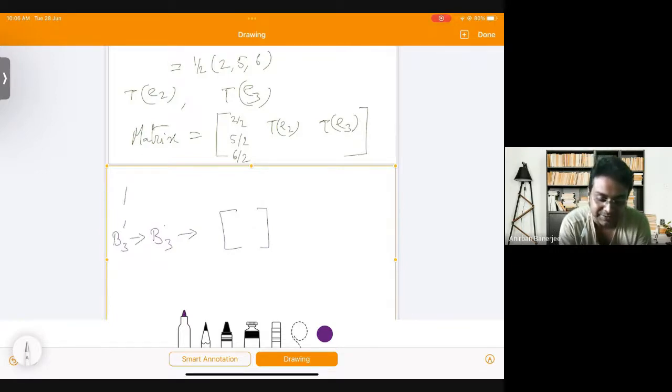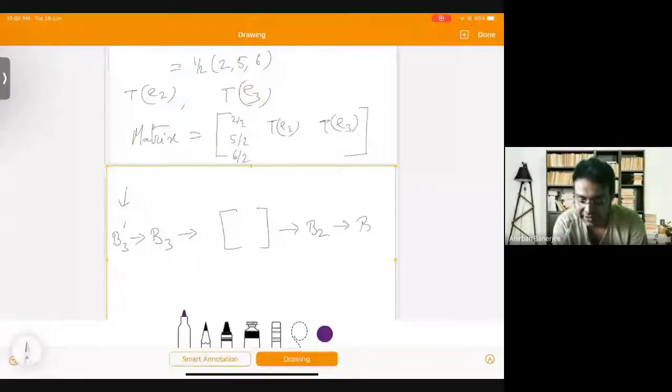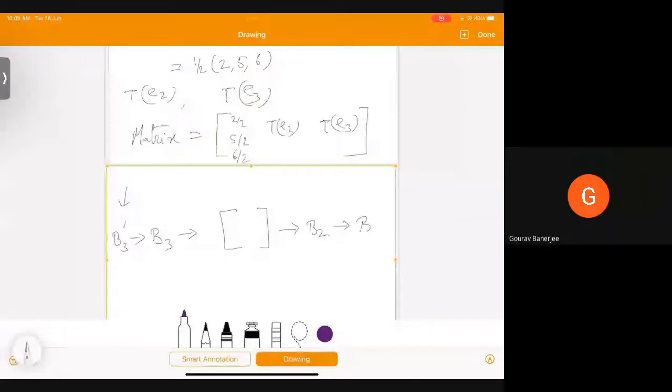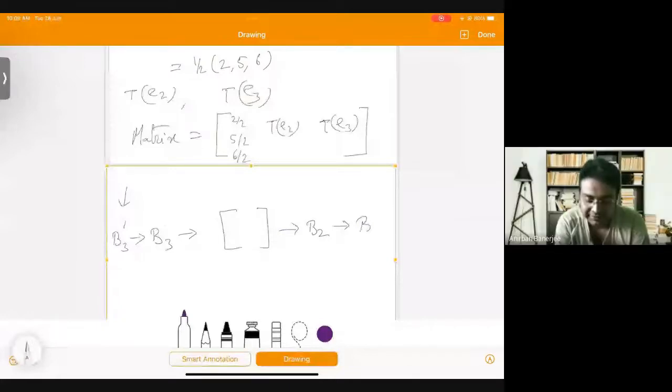So this will be your input vector in the coordinate system B3 prime. Then you have some mechanism to transform to B3, then a matrix which will give you the vector in B2, and from B2 another transformation will give you B2 prime, right? Yes, sir. Now this whole thing can be done by multiplying with one single different matrix, instead of the matrices in the intermediate steps.